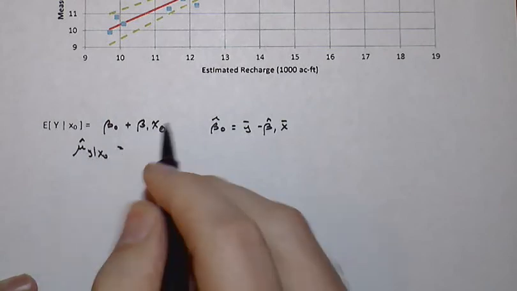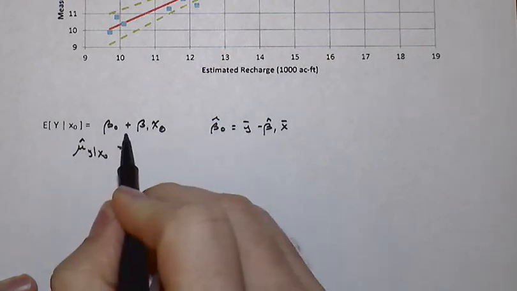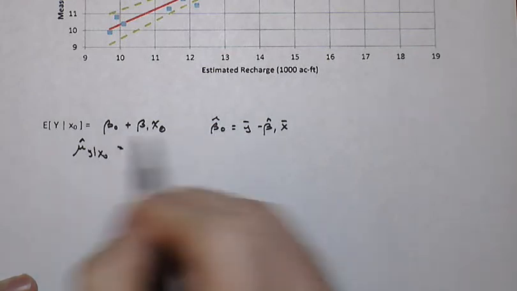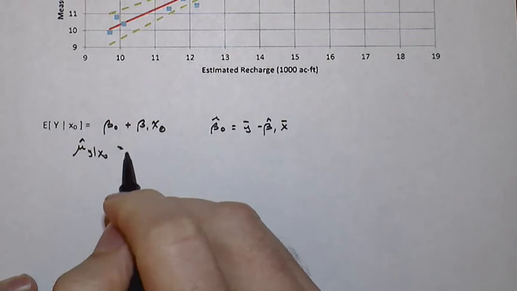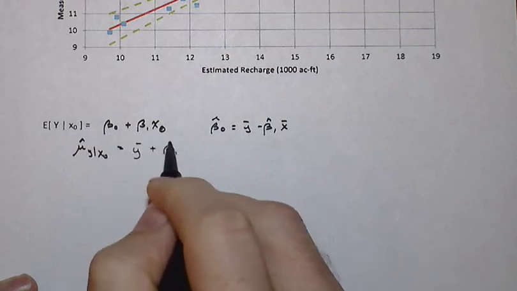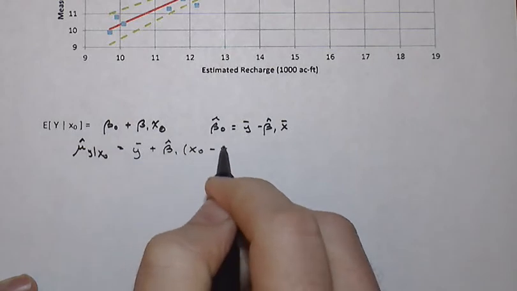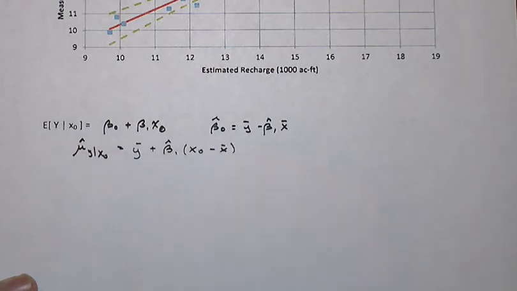Once we substitute in the beta naught expression and collect terms, we get y bar plus beta 1 hat times x0 minus x bar.